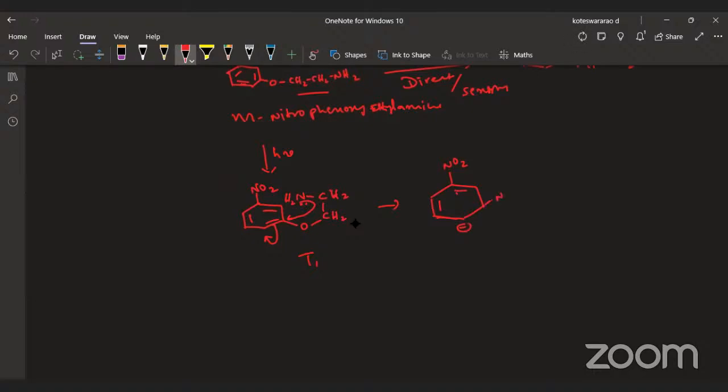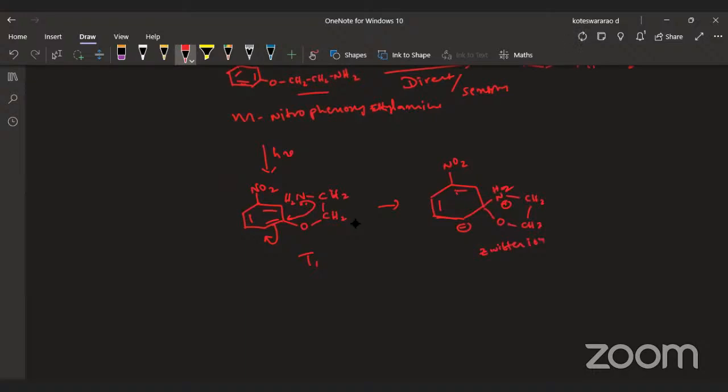One side is the NH2, CH2, CH2, and oxygen. It carries the positive charge. This is the zwitterion.